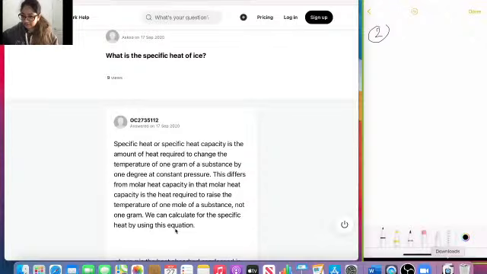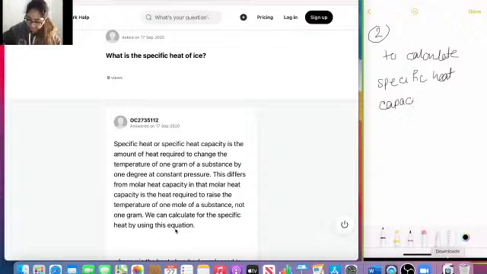So we can calculate the specific heat capacity using the equation given. You have this equation, Q equals mc delta T, okay?